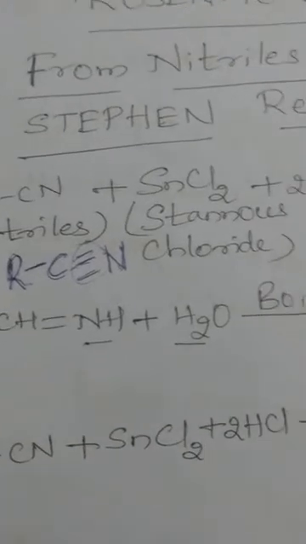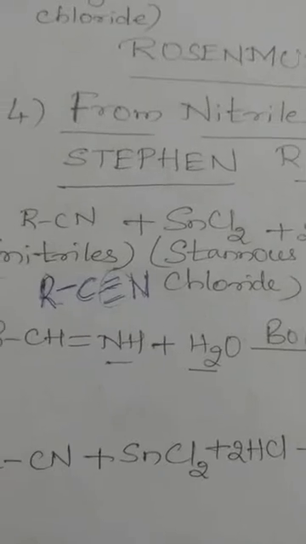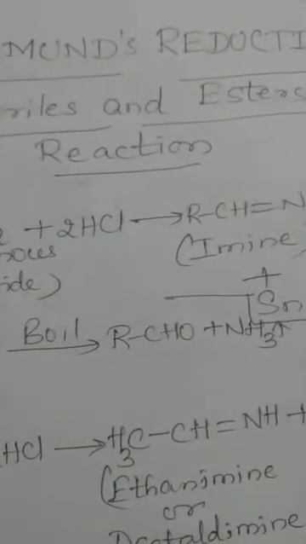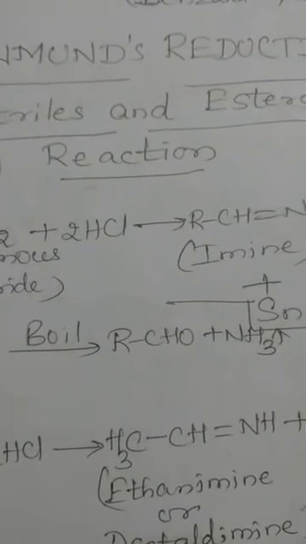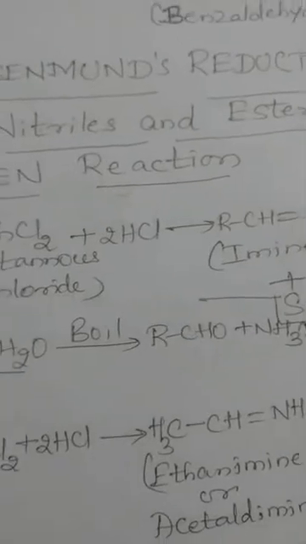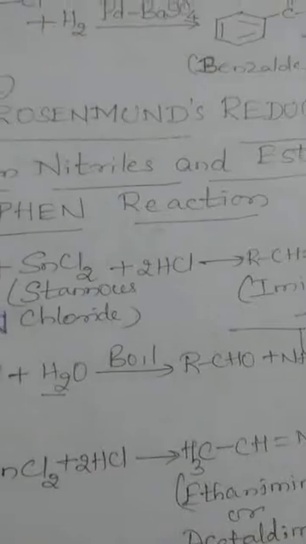Hydrolysis will give you, on simple boiling, the NH is eliminated as NH3 and you will get the product RCHO, aldehyde, with the liberation of ammonia, NH3. This reaction is called Stephen reaction.